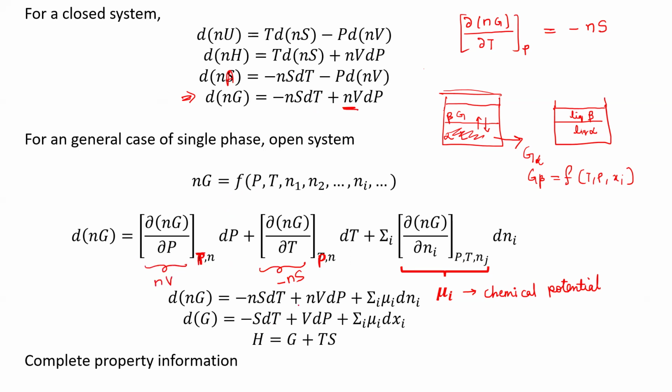So dNG equals NVdP minus NSdT plus sigma of mu i into dNi. So we have these relations.